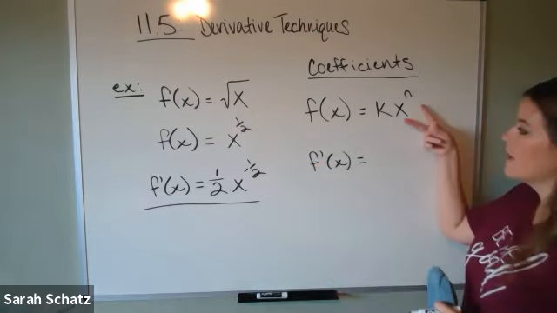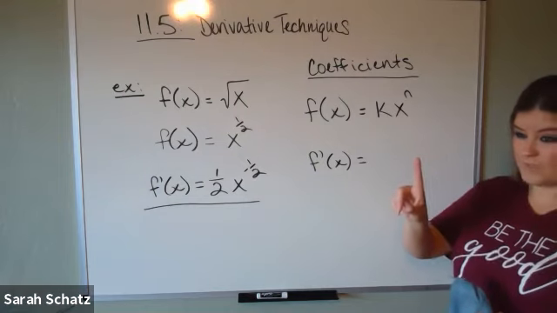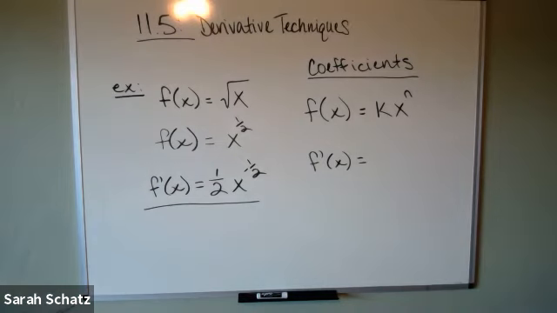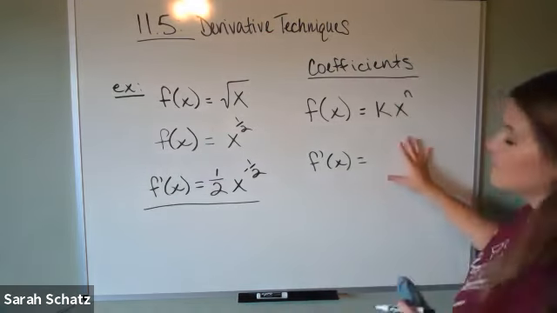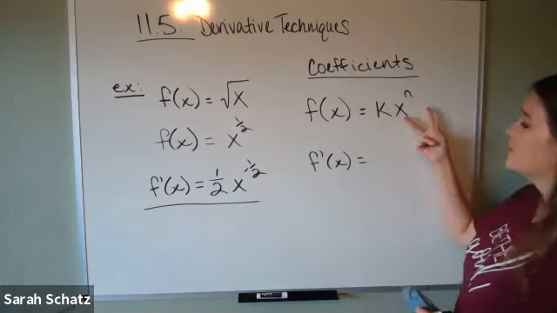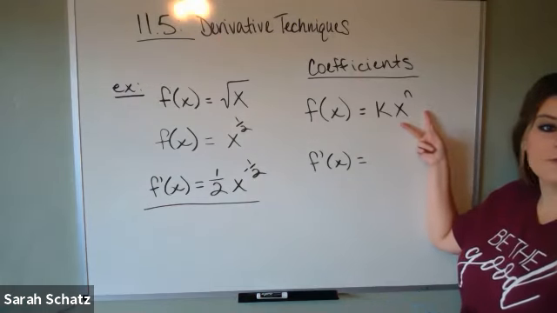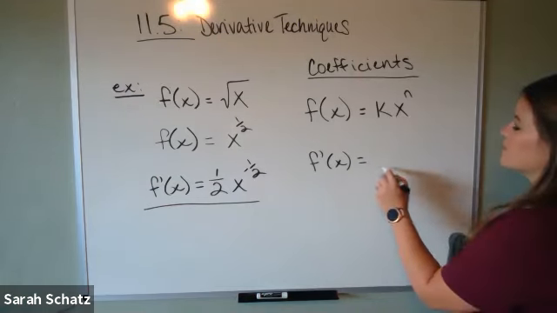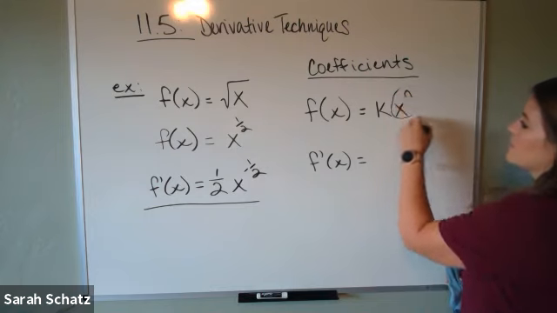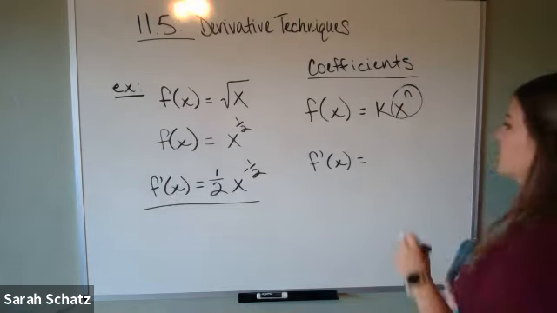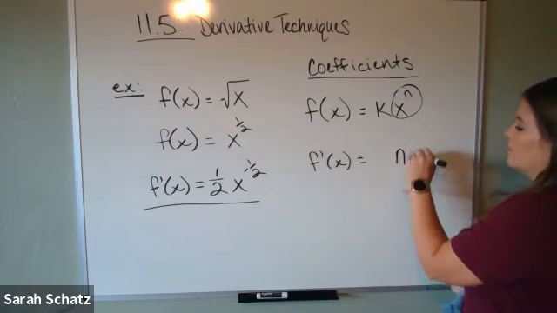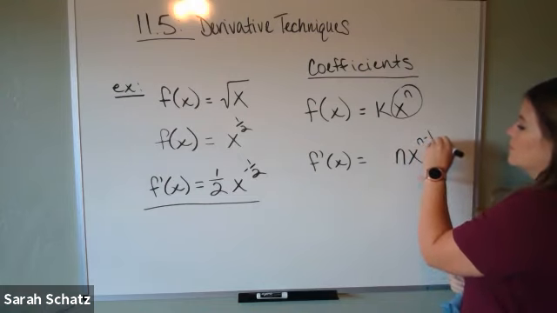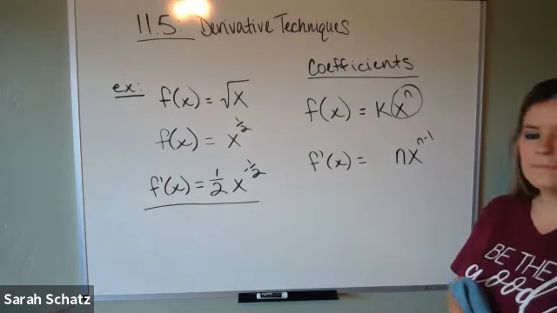Now, you know how to take the derivative of x raised to a power. So let's start there. Let's leave a space and let's just deal with this first because I know how to deal with that. I bring the power out in front, and then the power here gets dropped down 1.